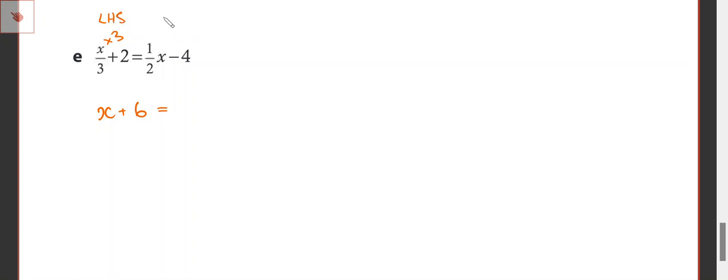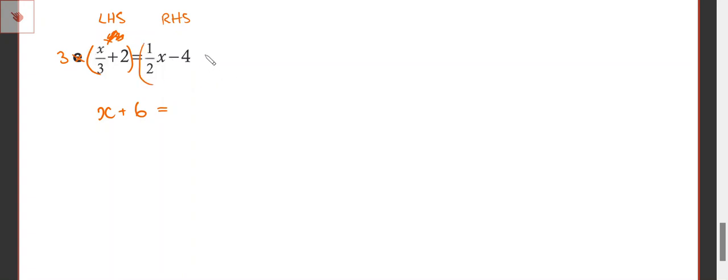The left-hand side and the right-hand side, when you do something, you do it to the entire side, not part of the side. So when we times by 3, we're actually timesing the whole thing by 3.